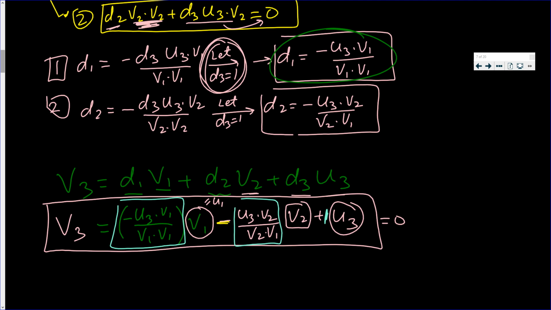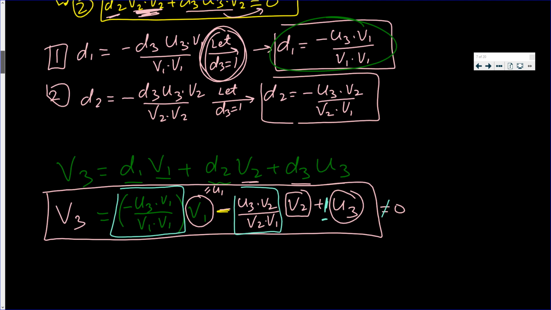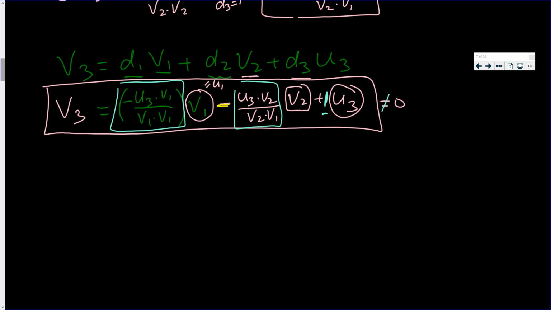Oh, that's not very possible. V3 is not 0. We probably will need this in the next step. So we found V1, V2, and V3. They're all orthogonal to one another.